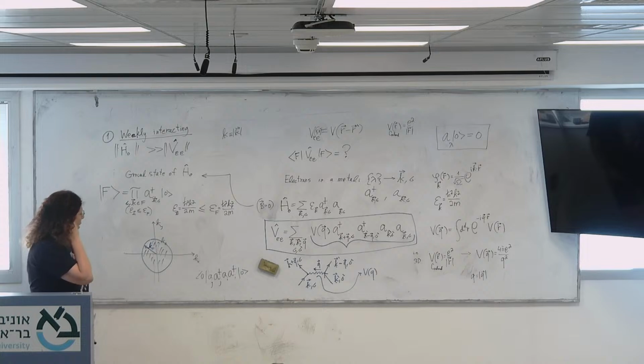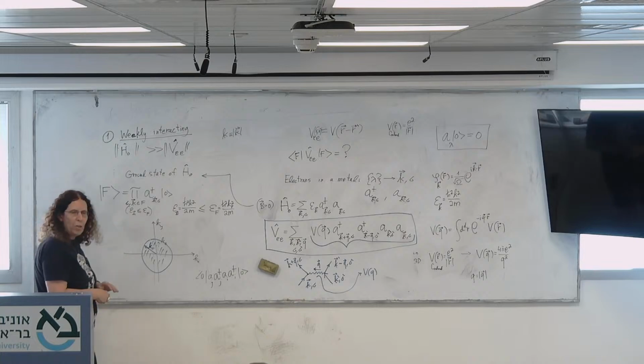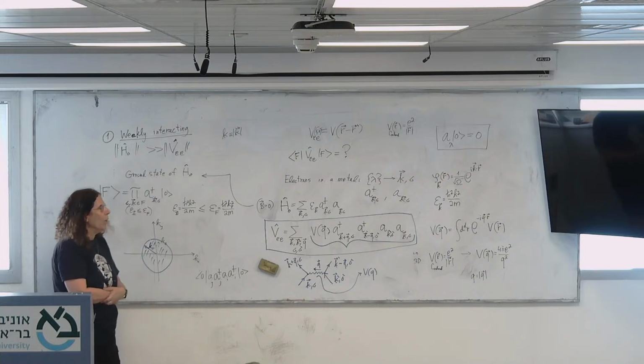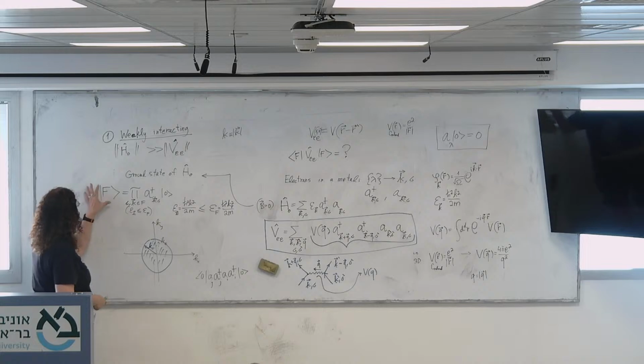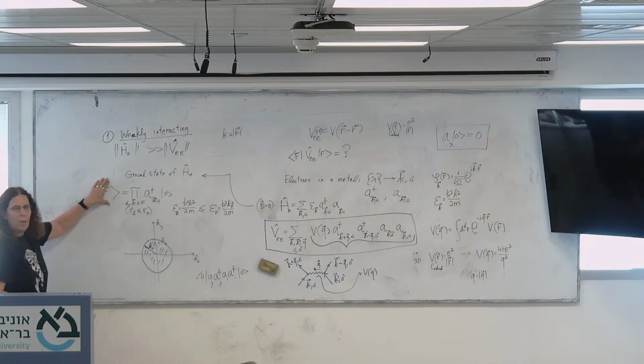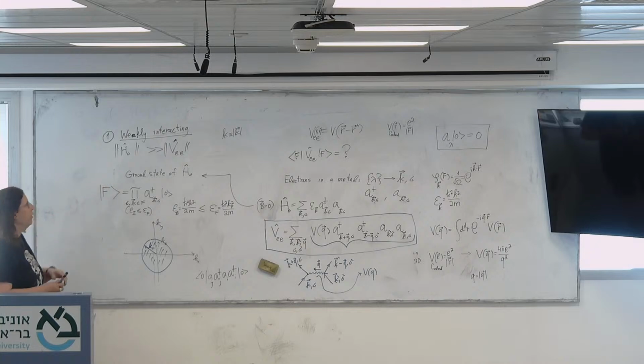So I want to define new annihilation and creation operators in such a way that the state F will redefine our vacuum, okay? So I'm just stating the goal, and we'll do it after the break.